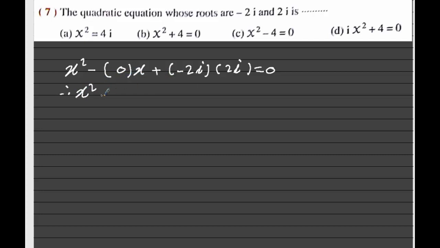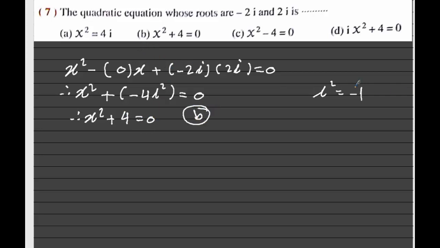So here plus negative 2i multiplied by 2i, it will be negative 4i squared, all equals 0. And don't forget that i squared equals negative 1. So x squared plus negative 4 multiplied by negative 1, it will be positive 4 equals 0. And the solution will be in letter B. And we choose letter B.